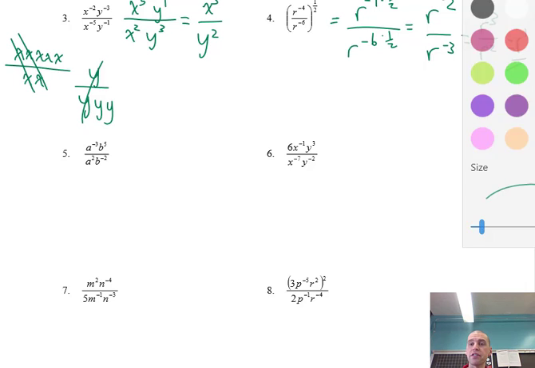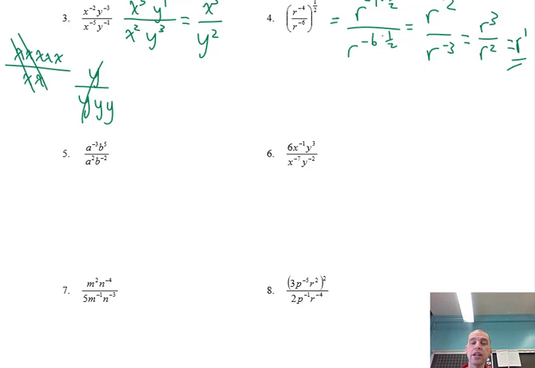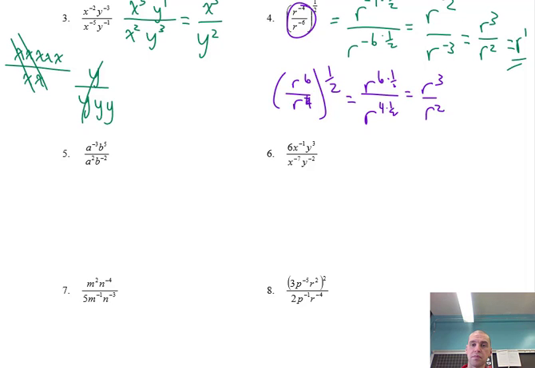Now another way of doing this could have been to flip the insides first. So r to the 6 would go to the numerator, r to the fourth goes to the denominator, all raised to the 1/2. And then you could have done this out. So either way will work.